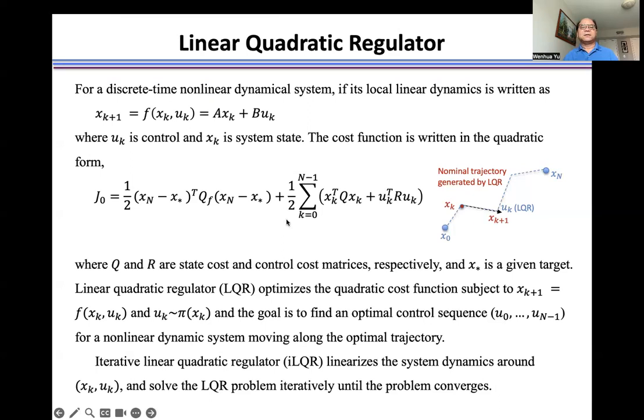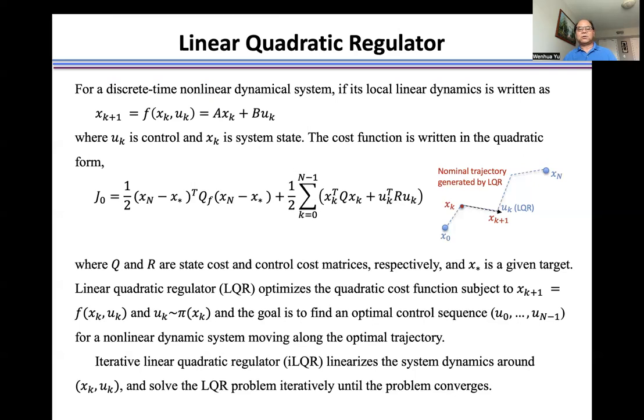However, if a dynamic system is strongly nonlinear, we cannot use the regular linear quadratic regulator to solve it. So we need to introduce a new idea to solve the strongly nonlinear dynamic system.